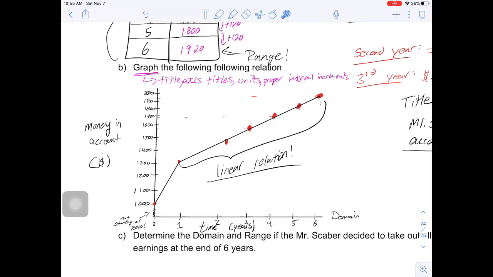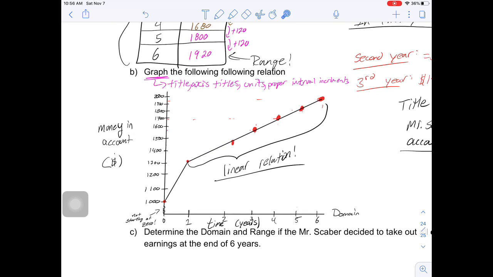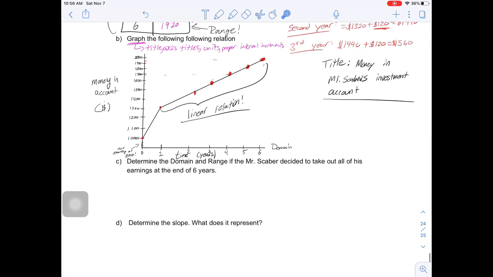And I will be looking for that in certain types of questions, okay? I should have used a ruler to make sure that the distances between these points are exactly the same so you don't get crumpled up data values. But that being said, you still are able to see a linear relation, okay?